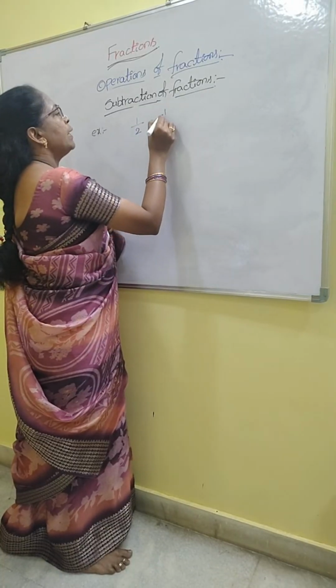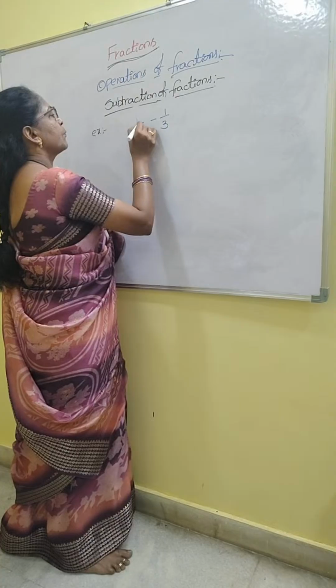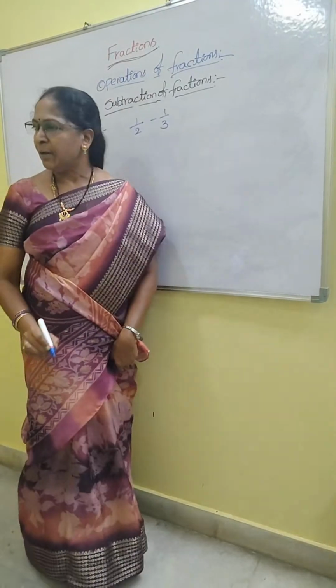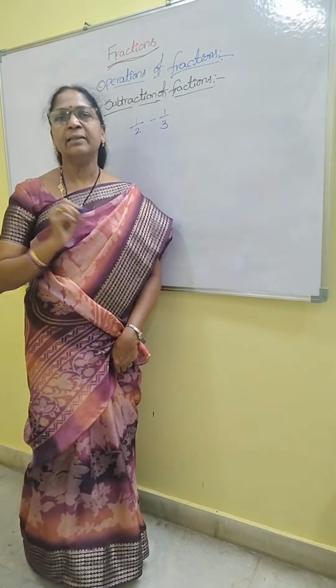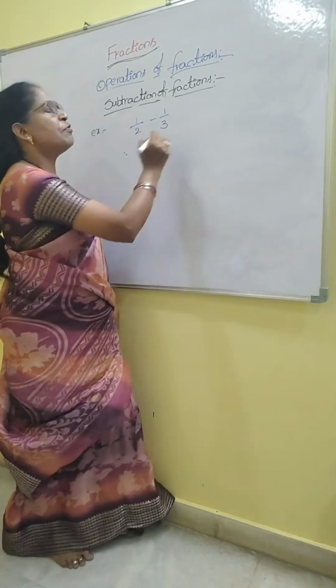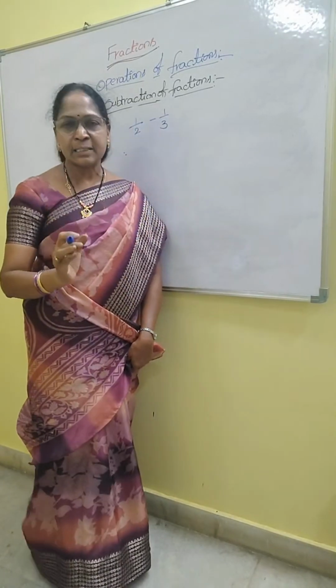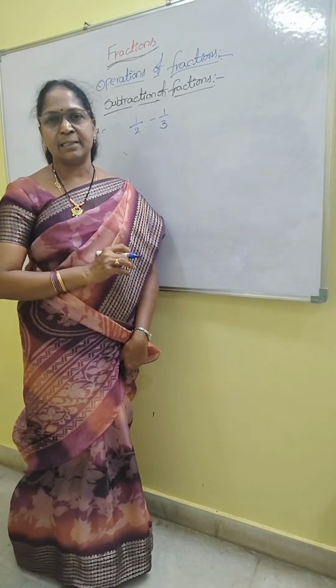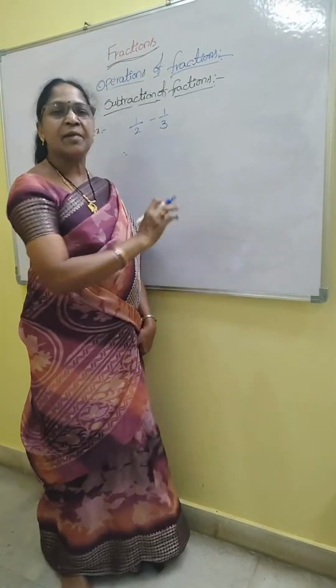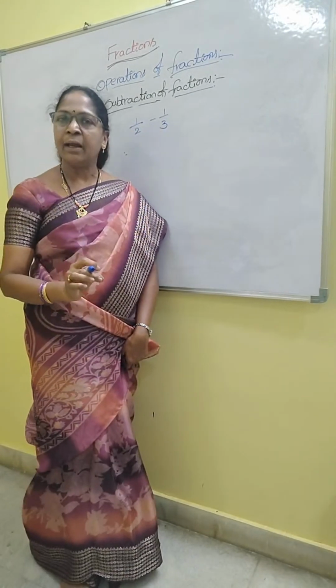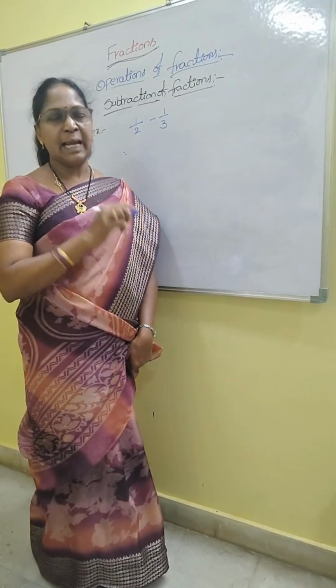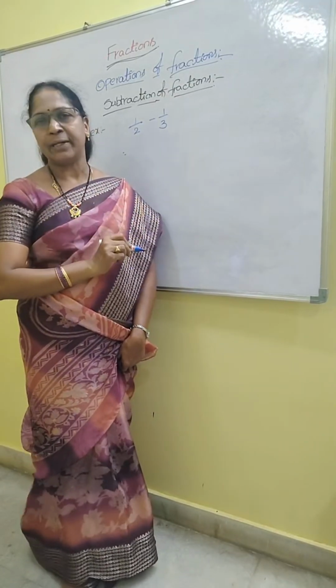1 by 2 minus 1 by 3. So, the given two fractions are unlike fractions. Whenever unlike fractions are given, then how to subtract the fraction? It is very important.